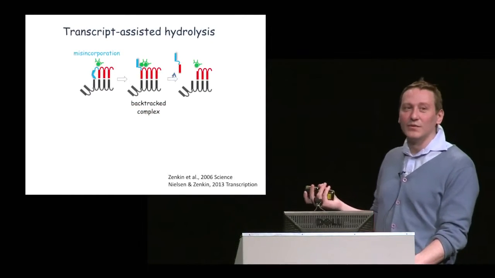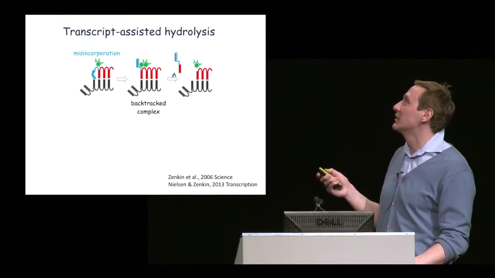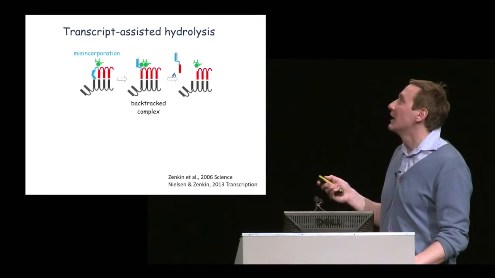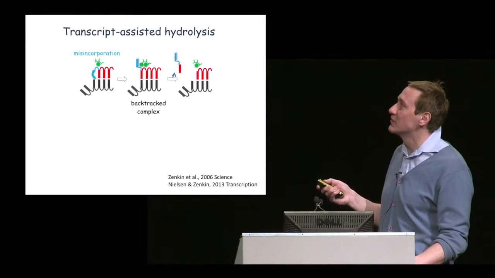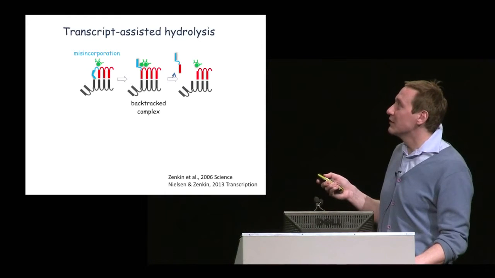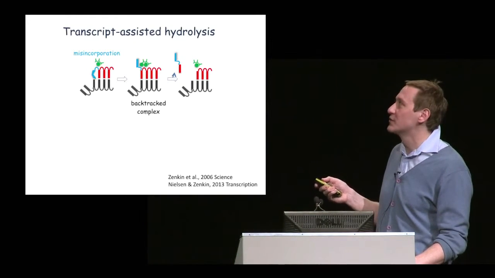So why would this mechanism evolve at all? If you think about the misincorporation event, which must happen sometime, this nucleotide is erroneous, so it is not complementary to the nucleotide in the template strand. It means that this base pair is very unstable and wants to break.